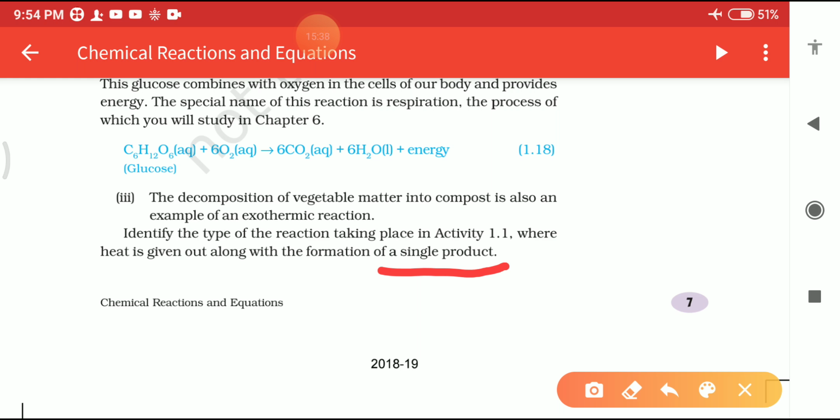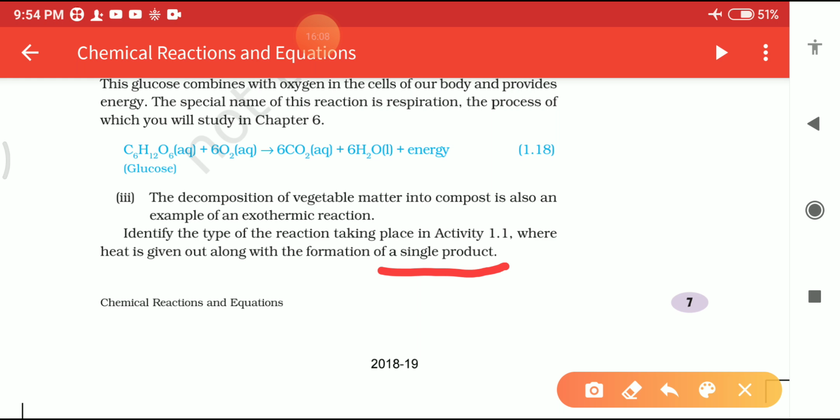I have explained many reactions here, and I have given many examples of combination reactions. You will see all these combination reactions are very easy, I think you will understand them, and I hope you have no problem with combination reactions.